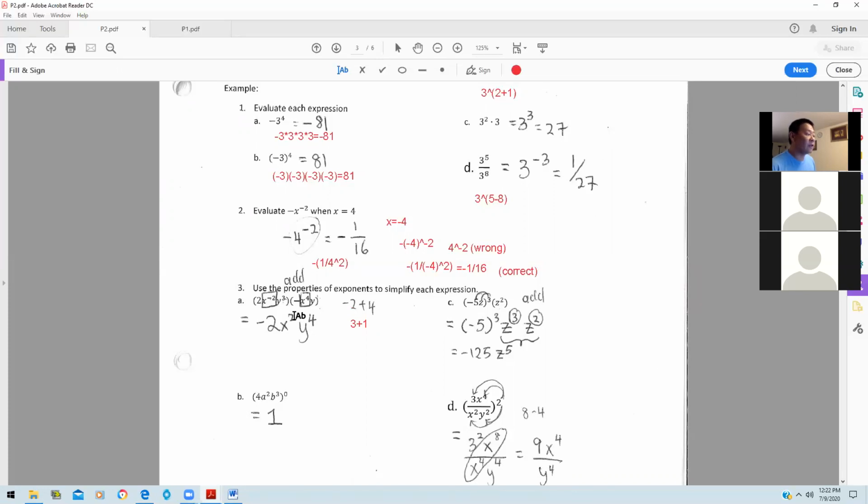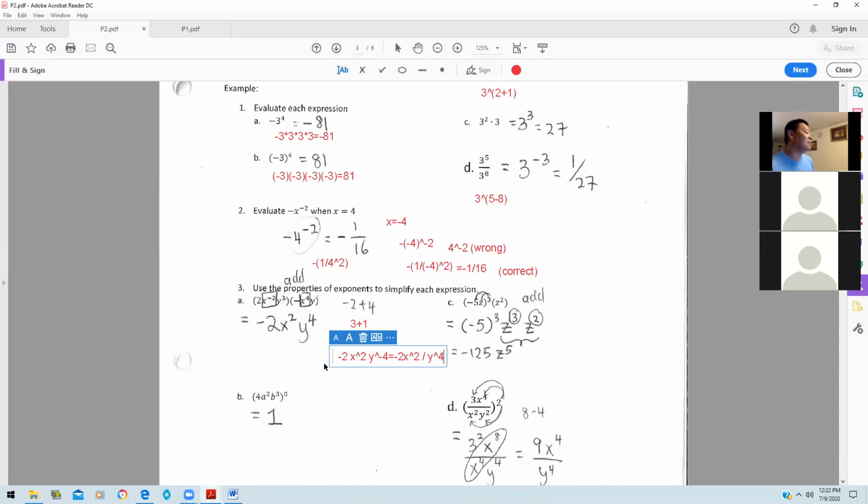Do not forget that if your answer has any negative exponents, you have to put it in the denominator. For example, let's say you have negative 2x squared with y to the power of, let's say you get y to the negative 4 here. So what happened is that this y to the negative 4 has to be put in the denominator. So the top, you still get the negative 2x squared, but then the denominator will become y to the power 4.